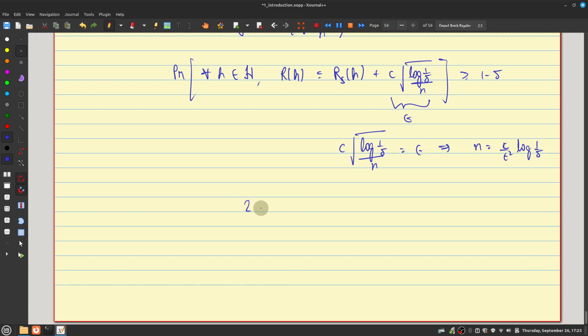I have 2 times the Rademacher complexity of G plus square root log 1 over delta divided by 2n equal to epsilon.